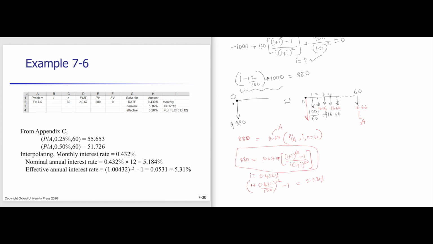That means for this cash flow, to compare the cash flow on the right to $880, you need to have an interest rate of 5.18%.